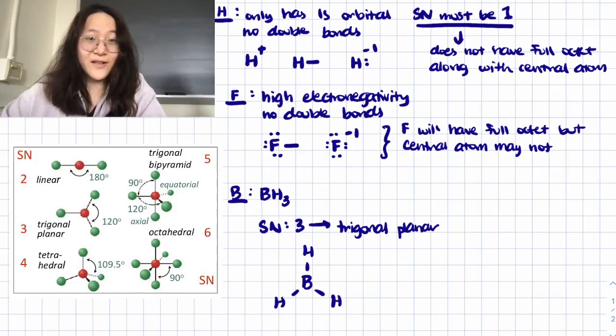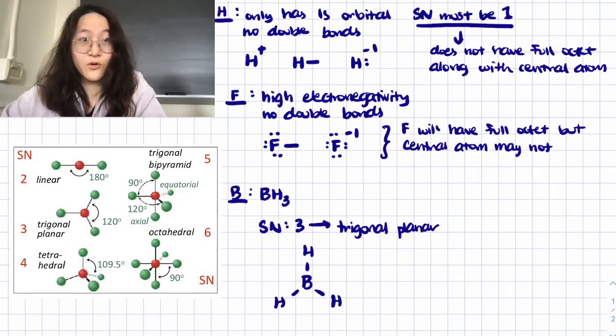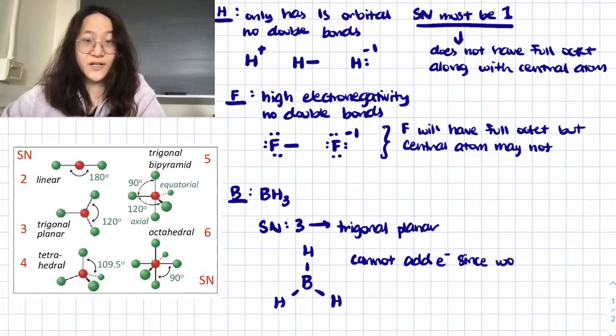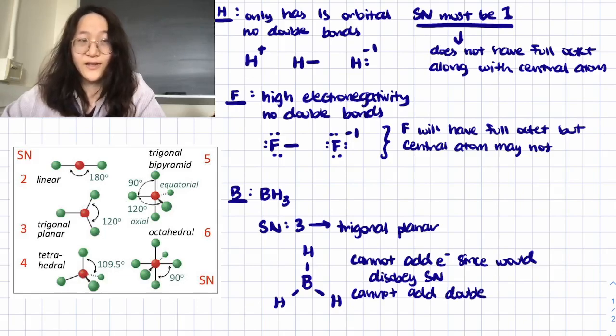We can't do anything else because even if boron wanted to have a full octet, hydrogen cannot form double bonds. Additionally, because of its steric number, boron would not take on another electron pair because that would change its steric number. So both of our ways of adding electrons to the atom will not work. They're not able to add electrons in that manner.